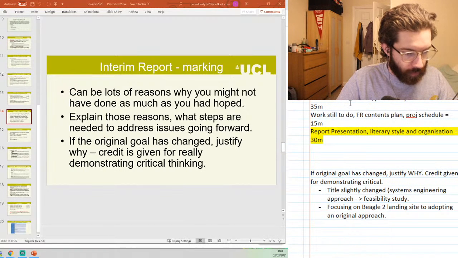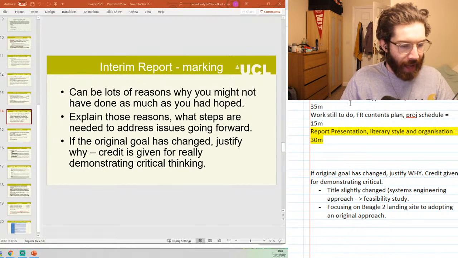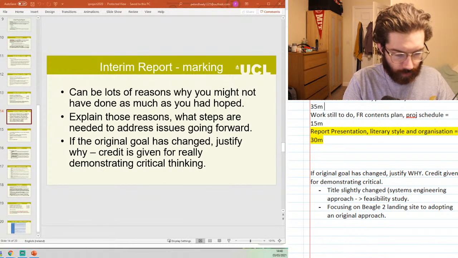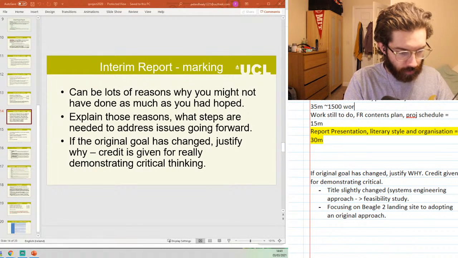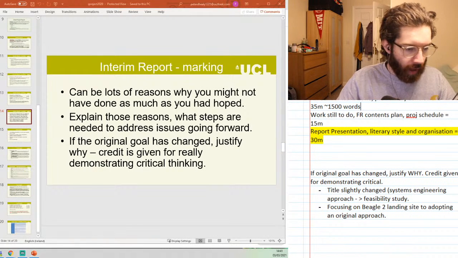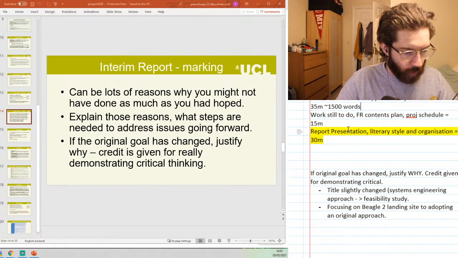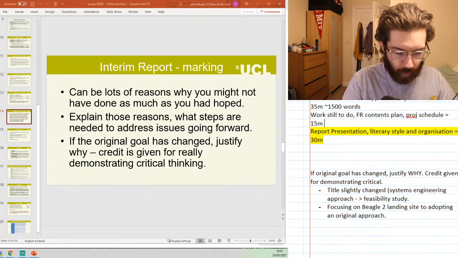Then this is gonna be about half of it, so we'll say about 1,500 words. And then work still to do is going to be about 640 words.